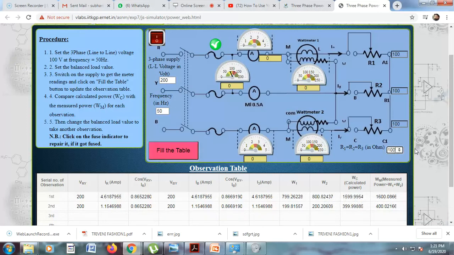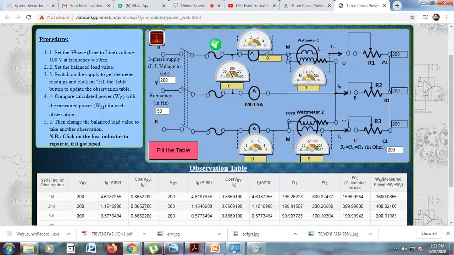Okay, now again we vary the load. Now we set 200 ohm. Switch on the circuit, and we get the same ammeter and wattmeter readings. This is wattmeter 2, and this is ammeter 2. Now again fill the table.